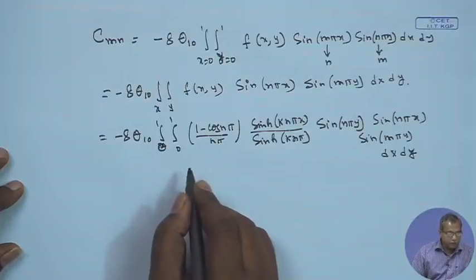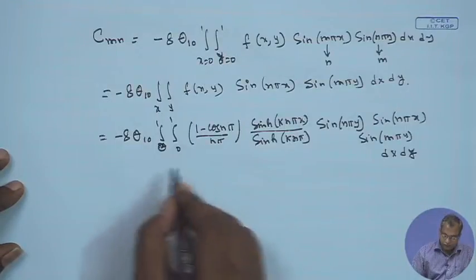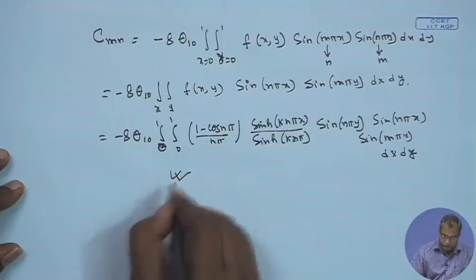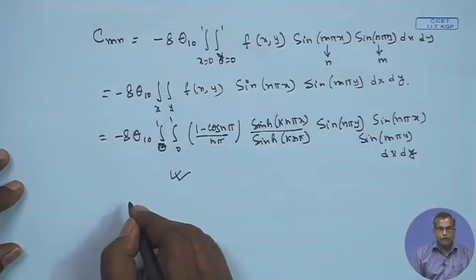So this will give you some constant value, and you can obtain C_mn quite accurately.